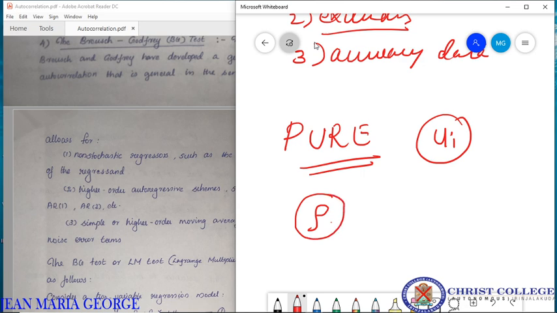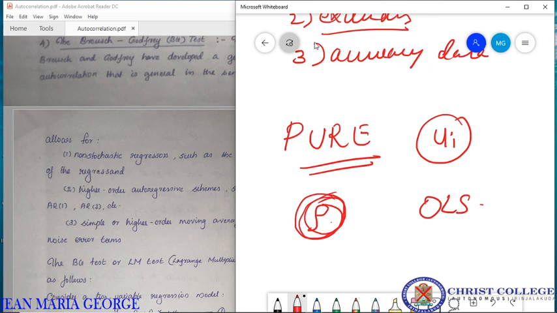By any method, either by finding the d value or the error term and fitting the equation, find the value of rho, then transform the original data based on rho and run OLS on the transformed function.